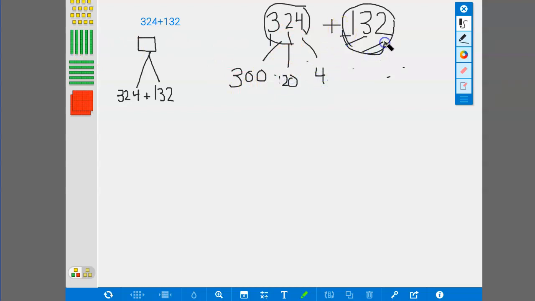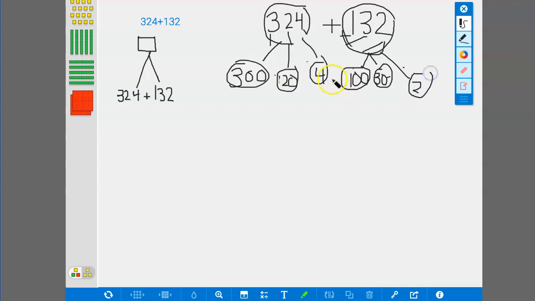And then we did the same thing here. Instead of just saying 100 though, we actually put it out in expanded form like this. 100, and then 3 tens is 10, 20, 30, and 2. So these are actually the numbers we're working with right here. I'm just putting circles around them to see it easier.